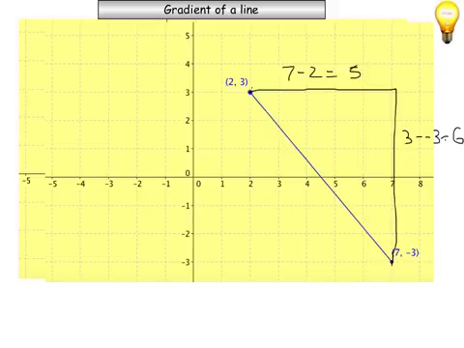And so now we do our rise over run. And that gives us 6 over 5. But because it is decreasing, we need to make sure that it is negative. So it's -6 over 5. So just remember that when the line is decreasing, as it is here, then the gradient will always be negative.